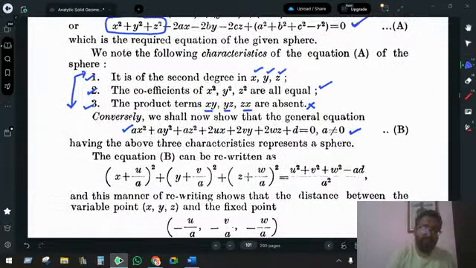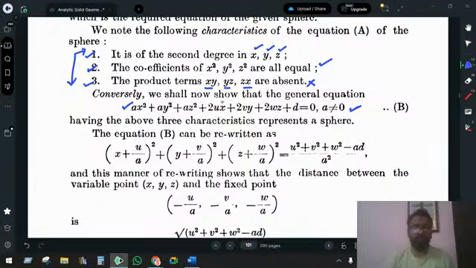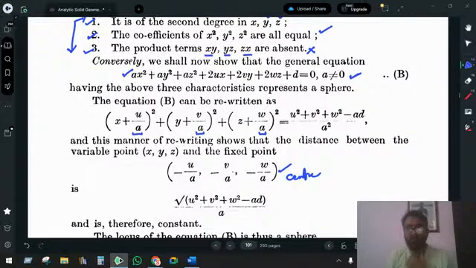In this case, you have to make a suitable perfect square. With that you will get the center from these constants, and the radius is the square root of u square plus v square plus w square minus d.